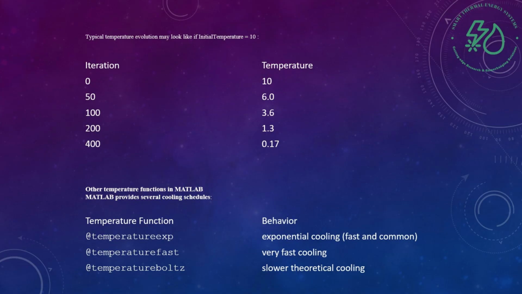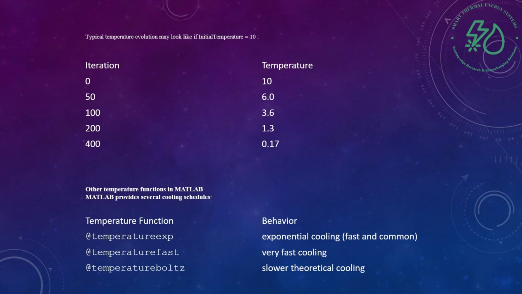Here we can see different temperature functions: temperature exp, temperature fast, and temperature boltz. The temperature function here controls how fast randomness decreases through the algorithm.